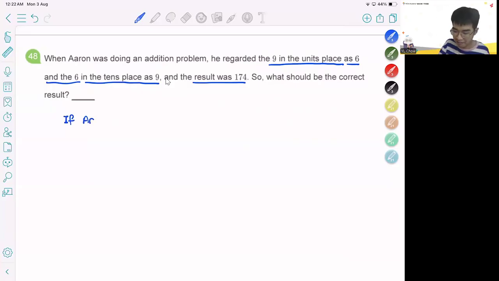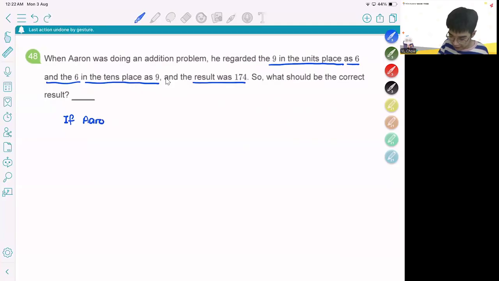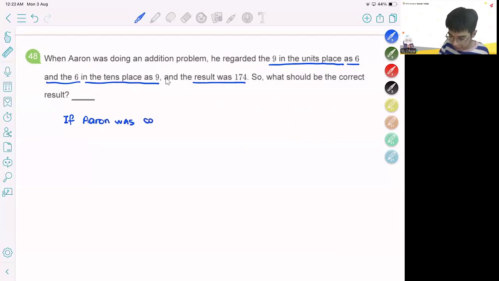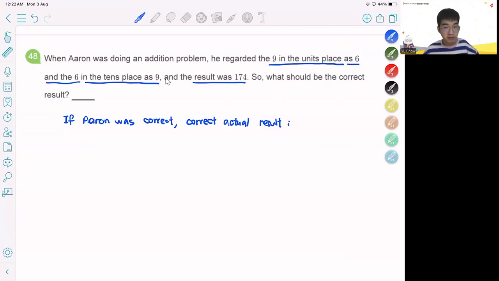If Aaron was correct, he would have gotten a correct actual result, which is what we are finding. But we don't know that. It's okay, let's just give it a symbol to represent a certain number.